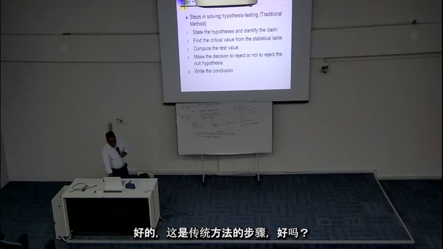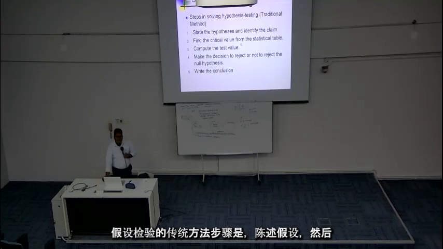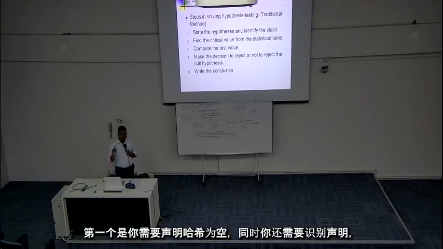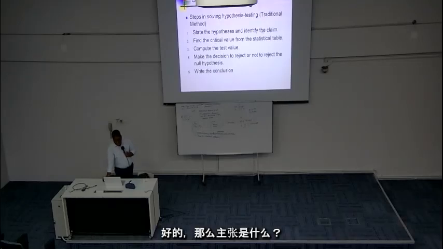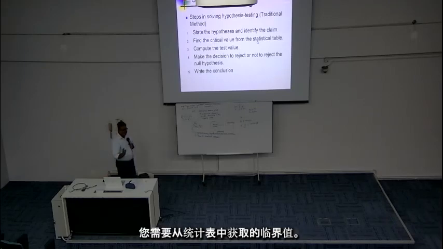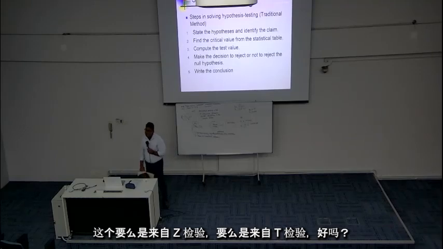Alright, so this is the steps for the traditional method of hypothesis testing. First, state the hypothesis and identify the claim. You need to state the H null and also identify the claim, which is the H alternative. Then find the critical value from the statistical table, either from the Z test or from the T test.